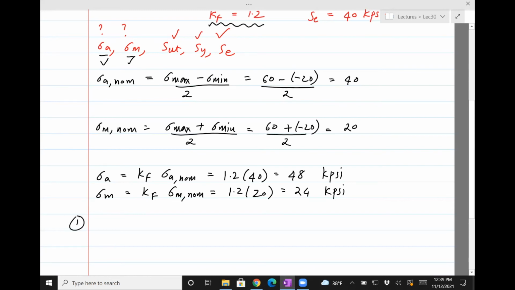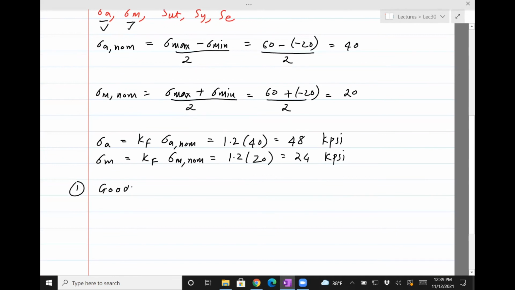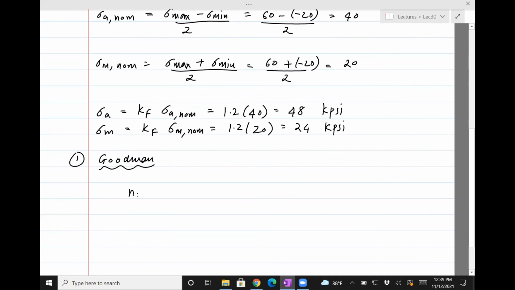So let's use the Goodman line. The Goodman equation says that nf equals the inverse of sigma a divided by Se plus sigma m divided by Sut.